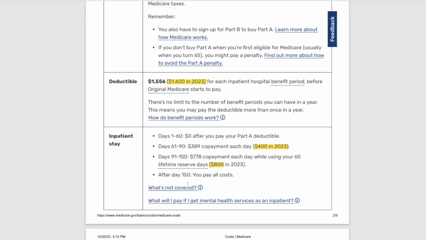And after day 150, they are responsible for all costs. Now, this is very important because this will wipe your savings out, okay? If you only have original Medicare, this is the true cost for Medicare Part A if they end up in the hospital, and you don't want that, okay? Very important that you know that, okay?